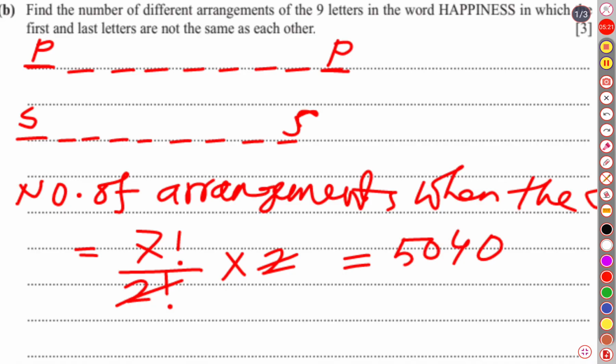They have told that the first and last letters should not be the same, but we have found the number of arrangements when they are the same. So it's very simple. From the total number of arrangements, if we subtract this reverse arrangement, then we will get our required number of arrangements.